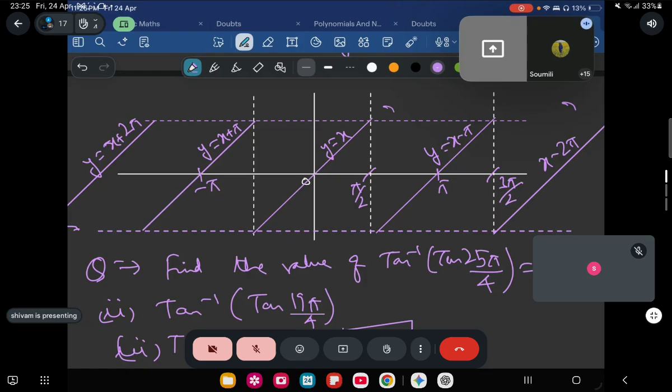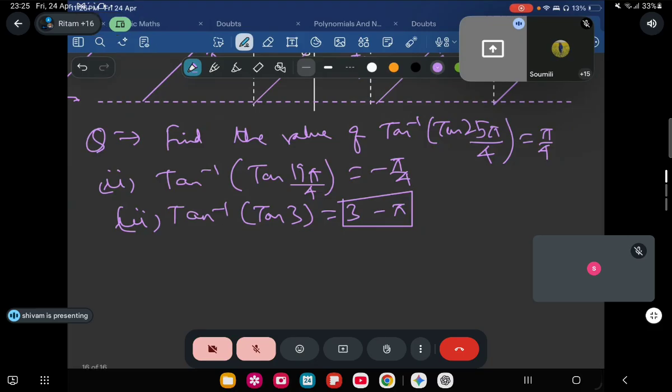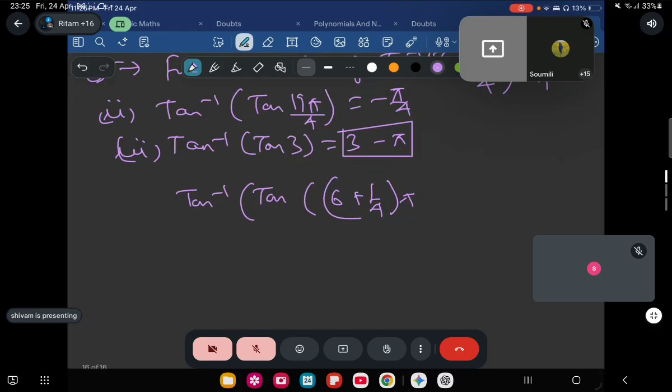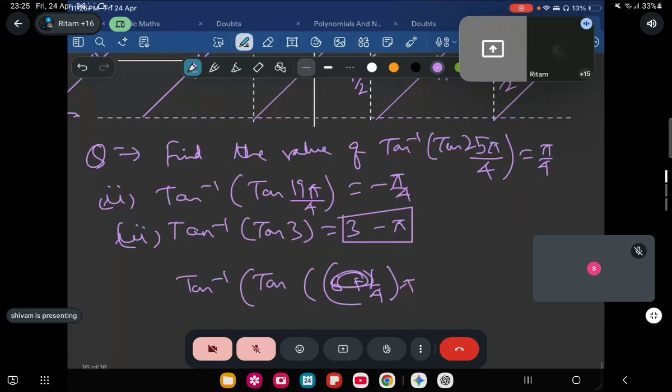Minus pi by 4. Tell me, because you see, everyone, tan inverse tan of 19 pi by 4, can I write it as tan inverse tan of 5 pi minus pi by 4?